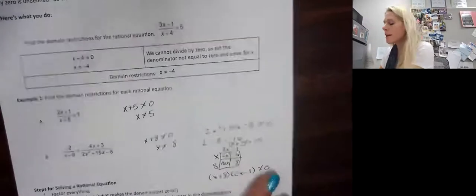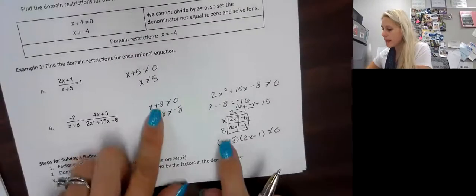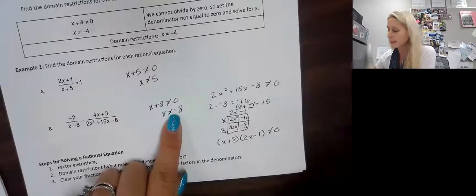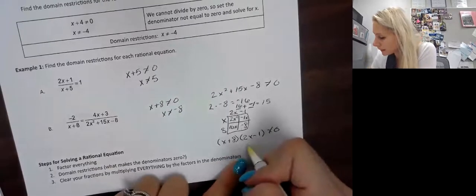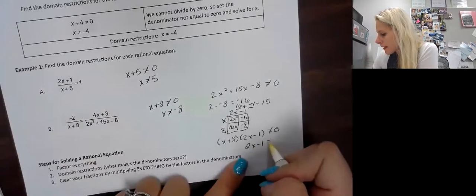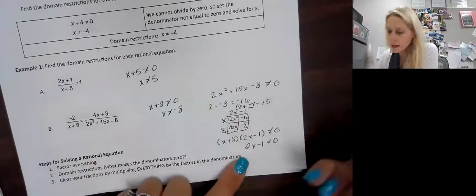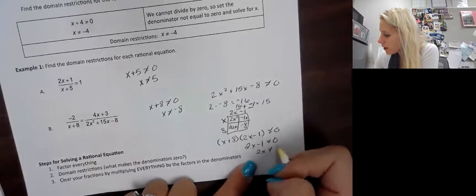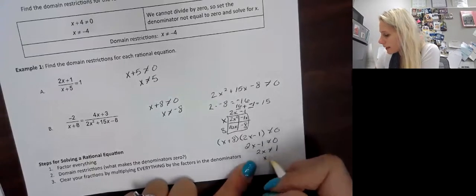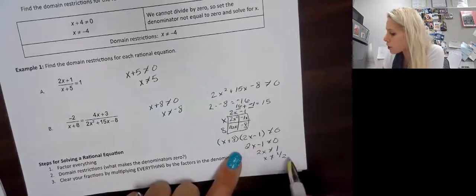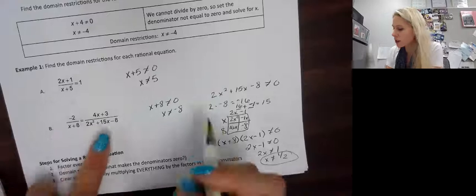Now I want you to realize that the x plus 8 we've already dealt with, so we know that x cannot be negative 8. So the only thing we have to consider now is this 2x minus 1. Set that not equal to 0 and solve. So 2x cannot equal positive 1, so x cannot equal 1/2. So we have two domain restrictions for B.